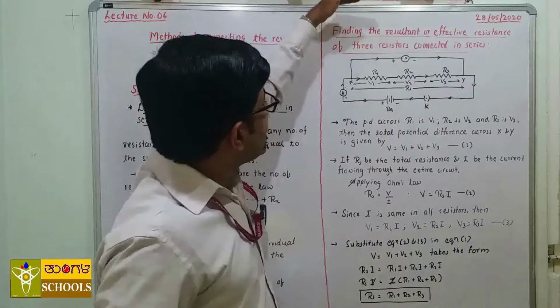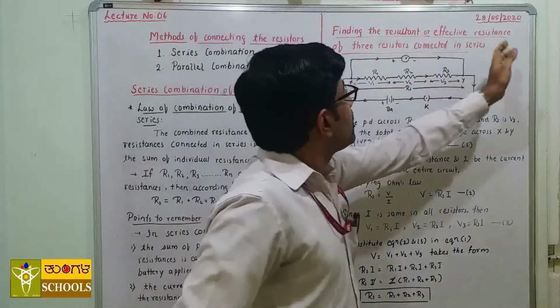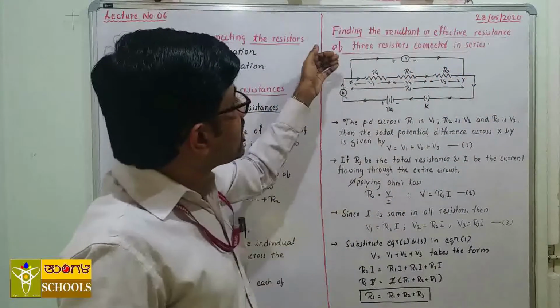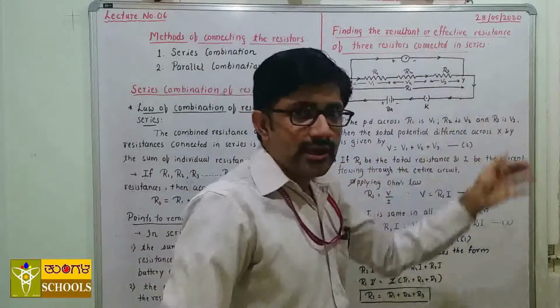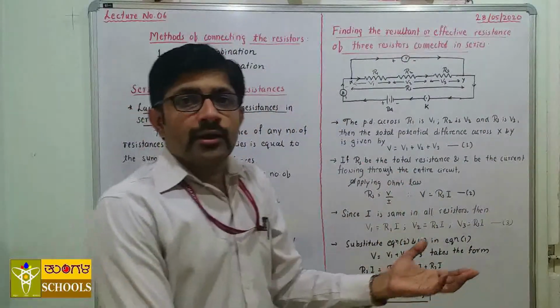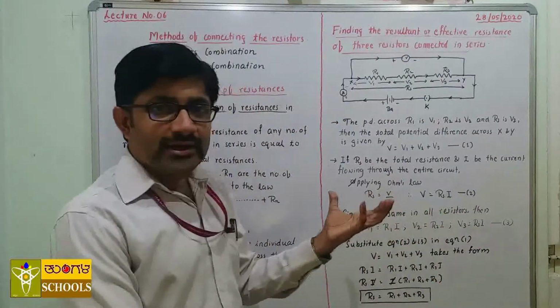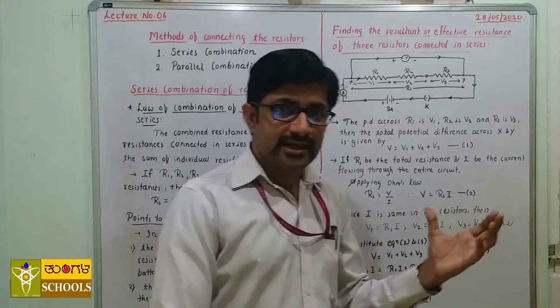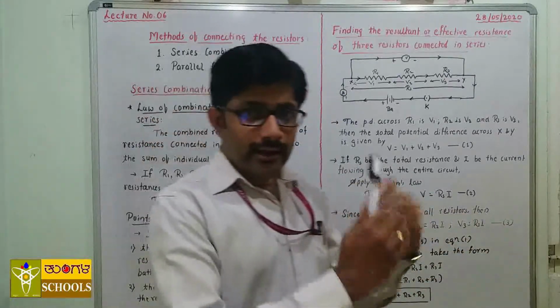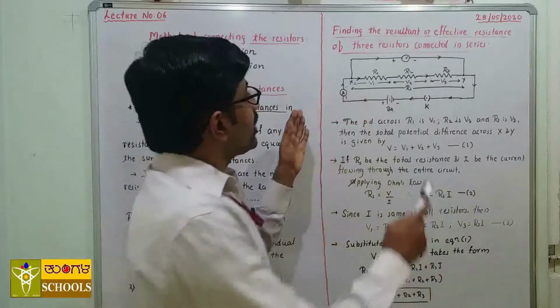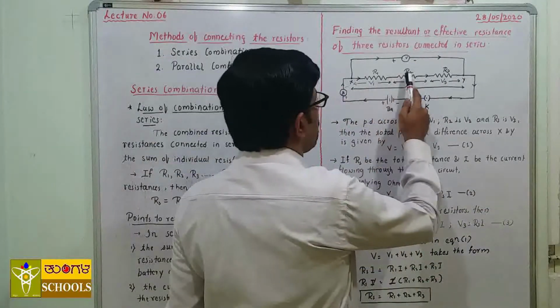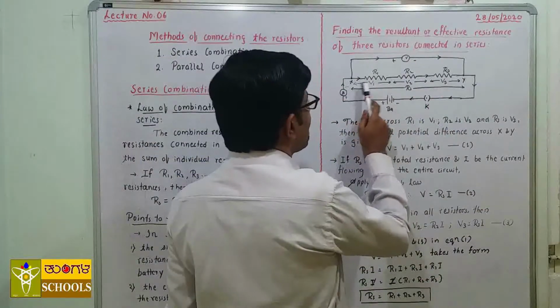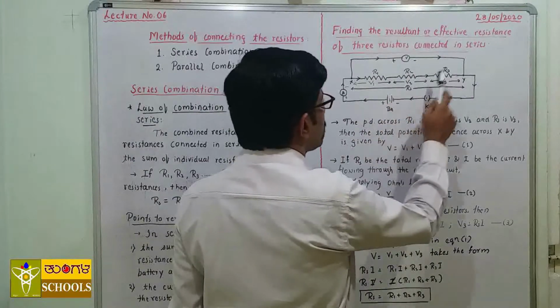Calculating or finding the resultant or effective resistance across three resistors connected in series. As I already said, how to connect the series combination, as I said, 2 1 2 1 regularly. So here I took three resistors R1, R2, R3. They are connected again 1 2 1 2 respectively.